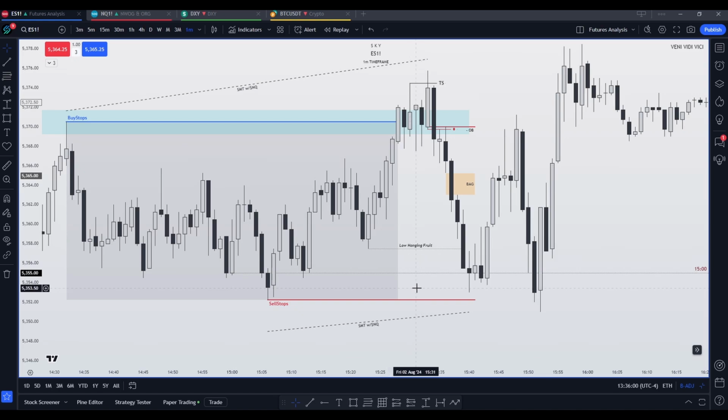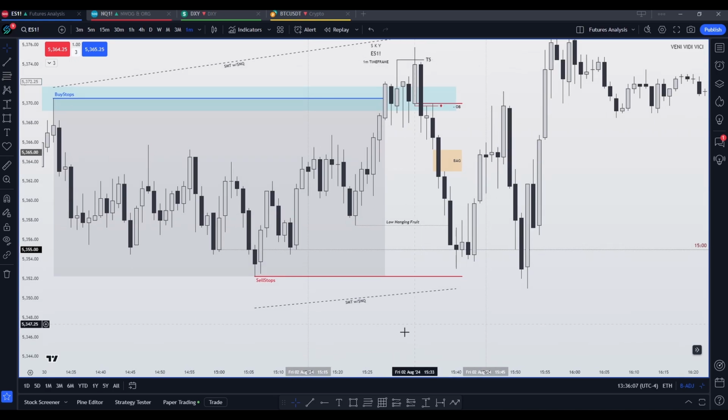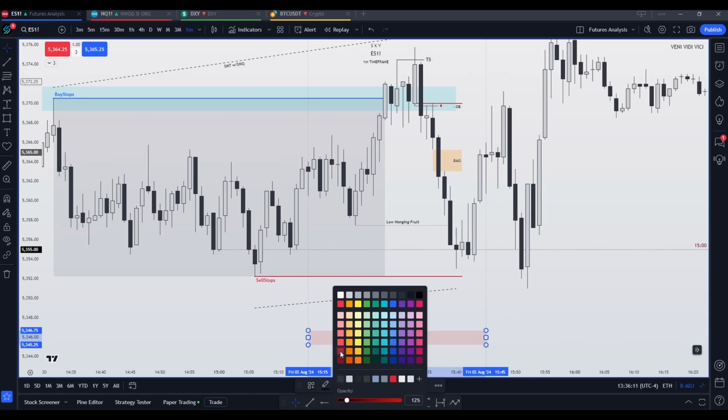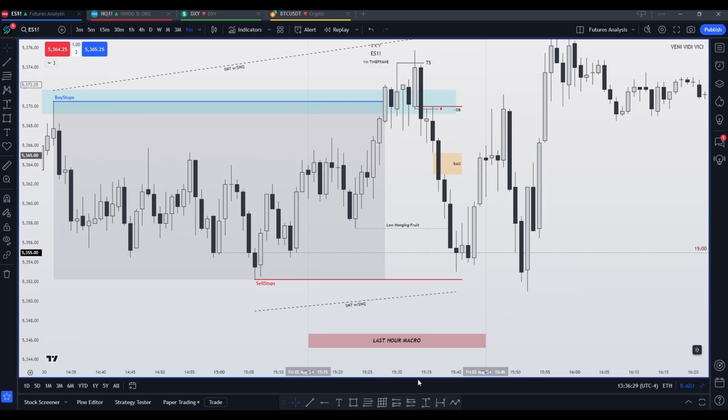You can see how here we applied the same price, the same time premise as we were talking about. 15:00 to 15:45, our last hour macro. Remember, this macro will work to take out or deliver to some sort of liquidity.